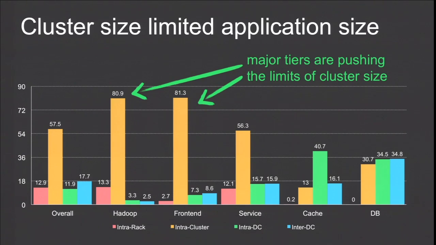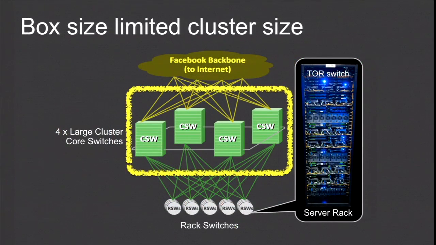Because of this architecture, we're limited in the size of cluster we could build, then it becomes a packing problem. So we're building, say, front-end clusters. We need some front-end machines, some memcache machines. What's the ratio of front-end to memcache? How do we pack them? If one grows faster than the other, then it becomes an interesting packing problem, and then you start moving physical things around to make them fit inside a cluster.